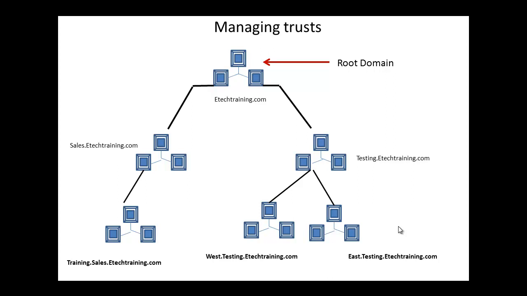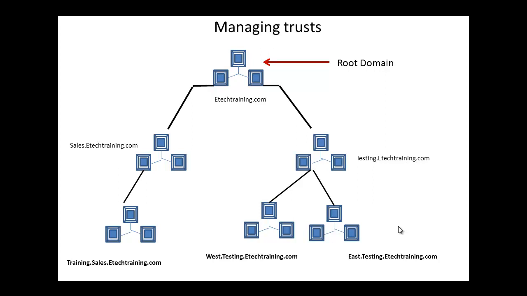When you add domains together to form trees and forests, we have an automatic transitive two-way trust created between them. And this works well for most organizations. But there are some circumstances where you might want to manage trust manually.